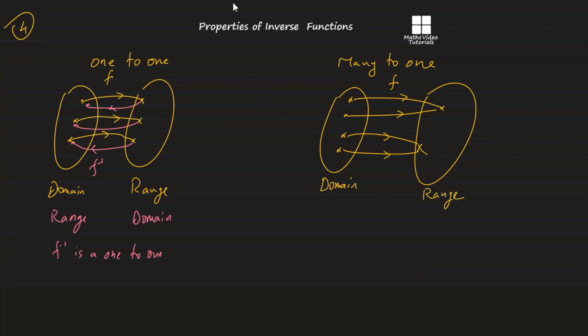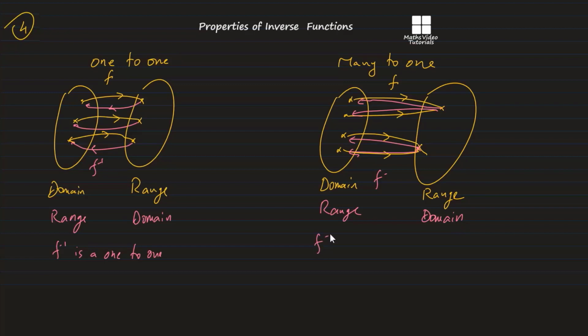If I do the inverse, it is going to be from the range, goes that way. That way you can see the inverse will produce one to many. Same here, one to many. So this is the range, this is the domain.